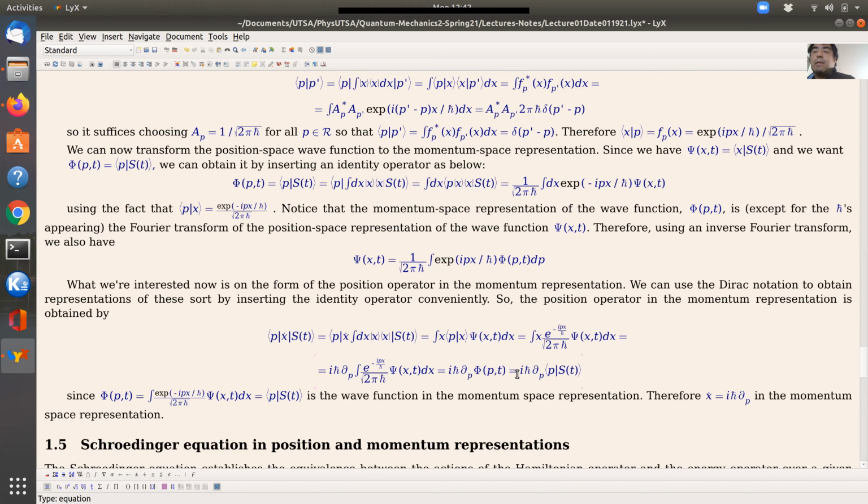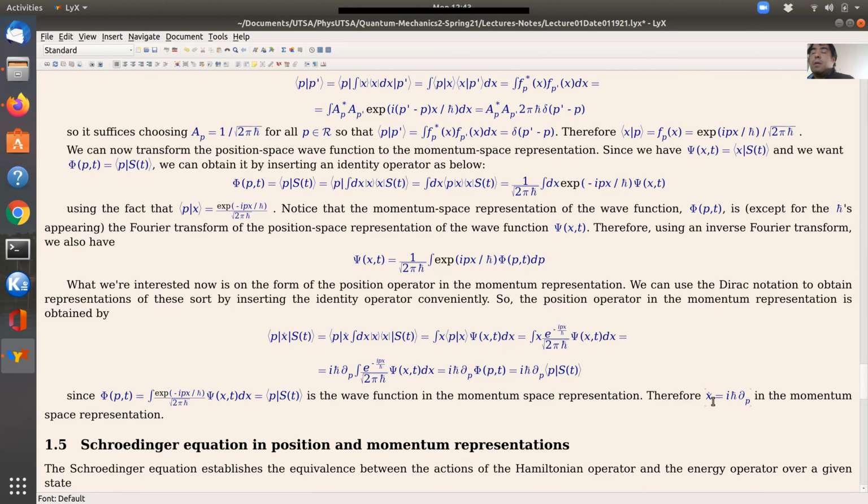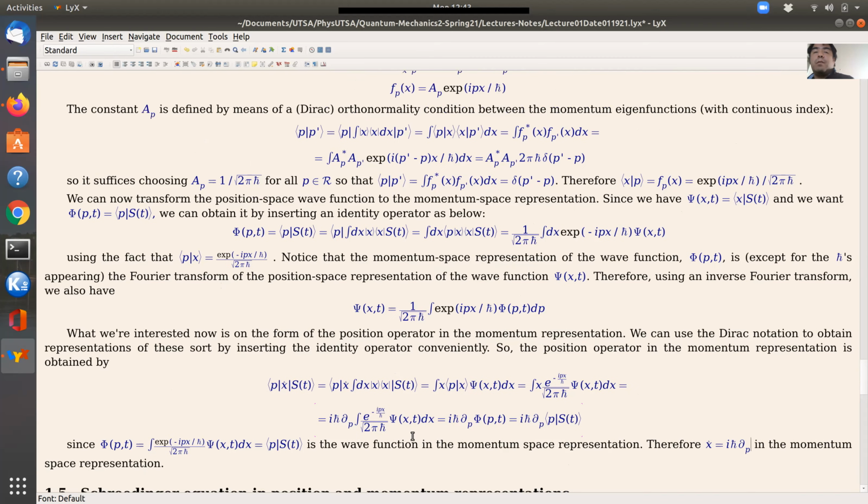And this is therefore i h bar. By definition, this is the projection of S with P. And the same way we identified operators before, this is how we identify that our operator of interest over here is basically i h bar partial with respect to p. So this is the representation of the position operator in the momentum space representation.